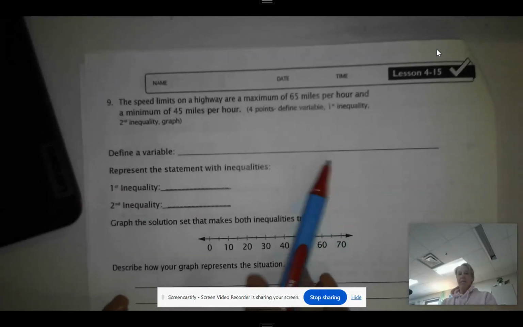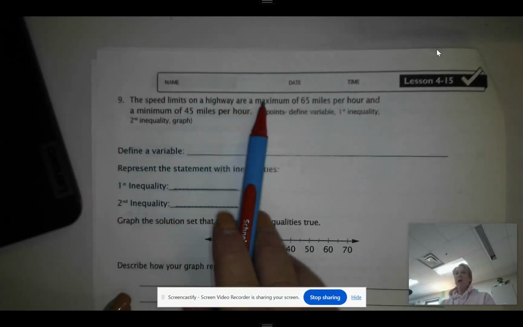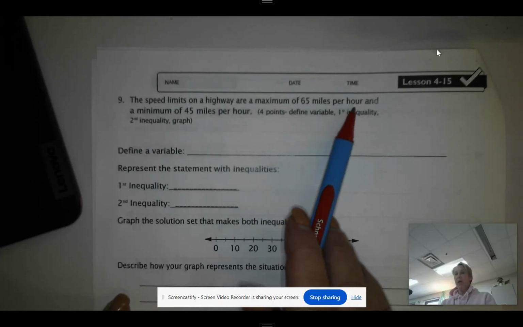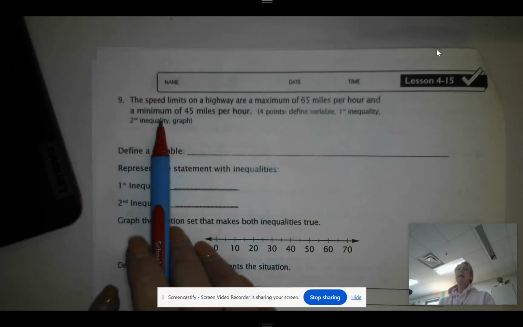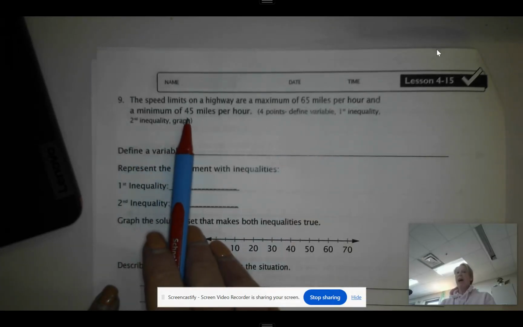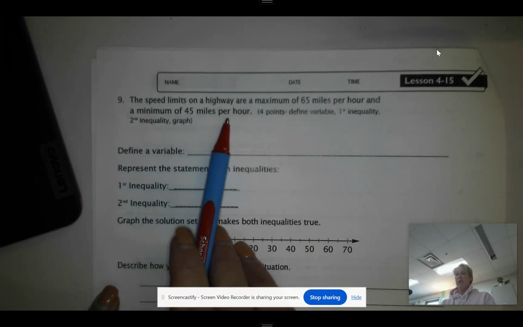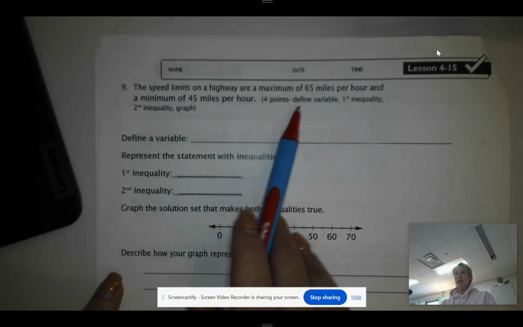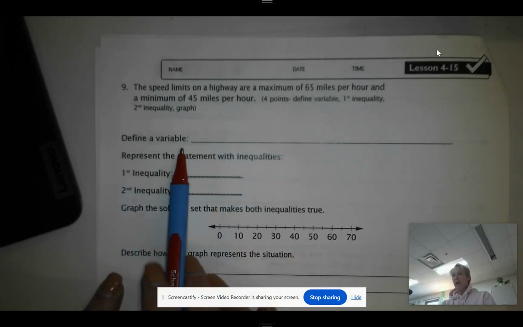Number 9, the speed limits on the highway are a maximum of 65 miles per hour and a minimum of 45 miles per hour. This problem has 4 points. You're going to define the variable.